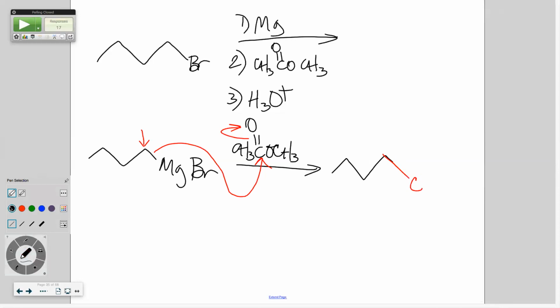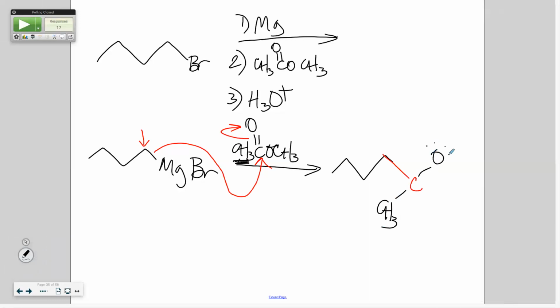All right, now what do we got on that carbon? What are all my pieces? What do I have from over here? A CH3. What do I have from up here with all the red arrows? Yeah, I have an O minus. What do I have over here?